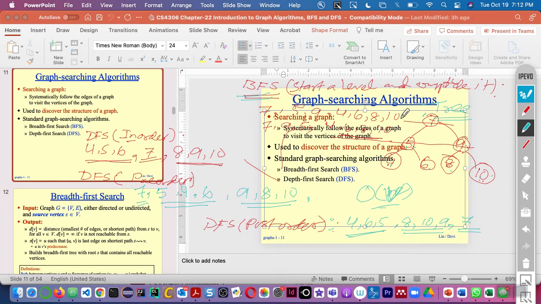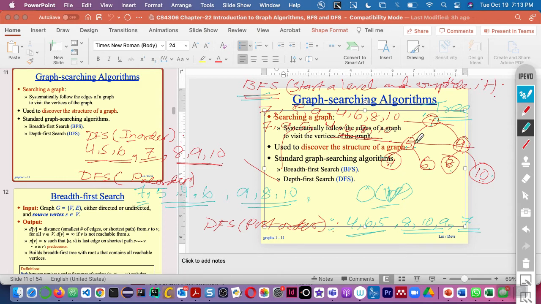let us recall the difference between a tree and a graph. This could be a graph, right? This also could be a graph. But whenever this is a tree, we say that this has a root. But if it is not a tree, then we say that it has no root, but it has a source.